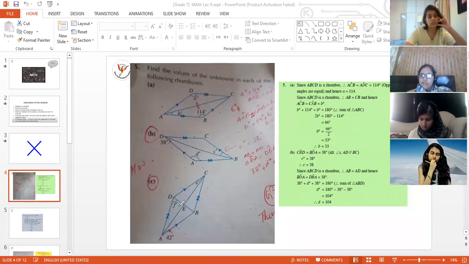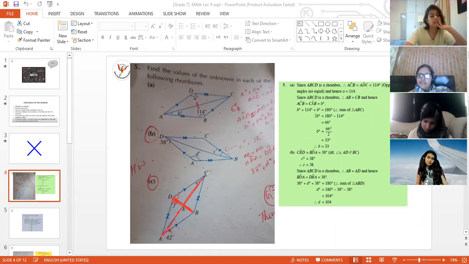Now in a rhombus, I have already told you that the sides are equal. If the diagonal is bisecting, you see DE is equal to EB and AE is equal to EC. So if the diagonal is bisecting this way, half part is F degree, the other part will also be F degree. Right?